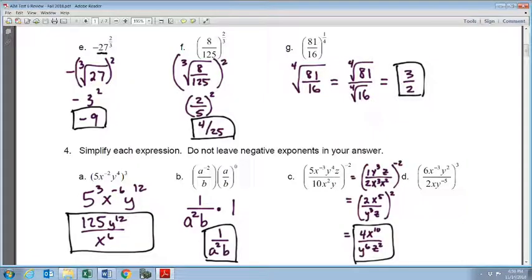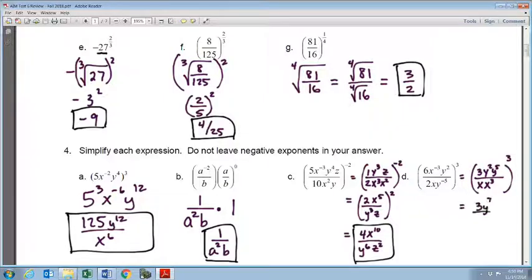Alright, so if you weren't able to get that one, now that we've done this one, I would encourage you to try letter D and then watch the video. Alright, so here again we'll simplify inside the parentheses. 6 divided by 2 is 3. Let's go ahead and move that x to the negative 3 downstairs with our x. And let's move the y to the negative 5 upstairs in the numerator with the y squared.